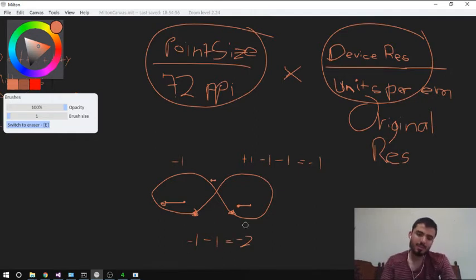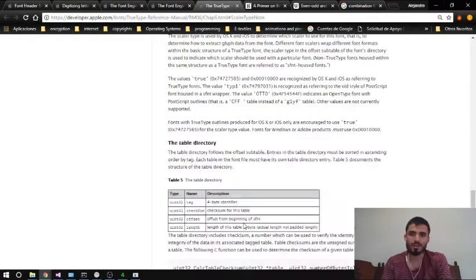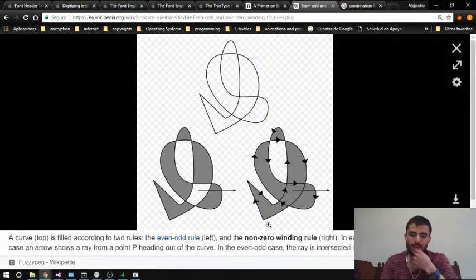Well, it depends. I don't know if it's this curve here. This is -1, -1, -1. Or did I? Yeah, because this goes clockwise, it's -1. This goes clockwise and it's -1, so it goes to -2. And what about this?